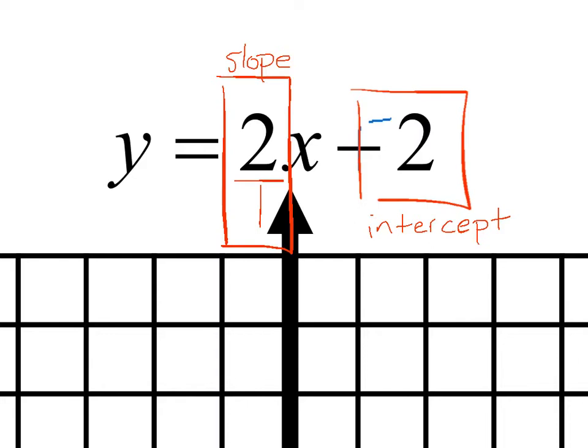Somebody with a raised hand, explain to me really quickly, why do you think they call this slope-intercept form? Jackie. Because the equation gives you the slope and the y-intercept.